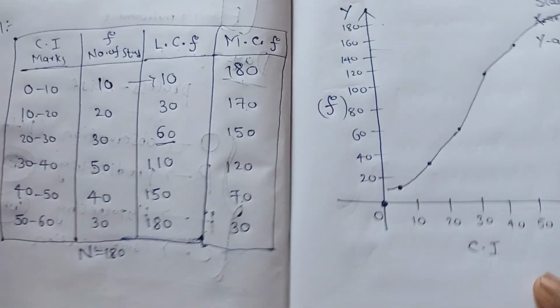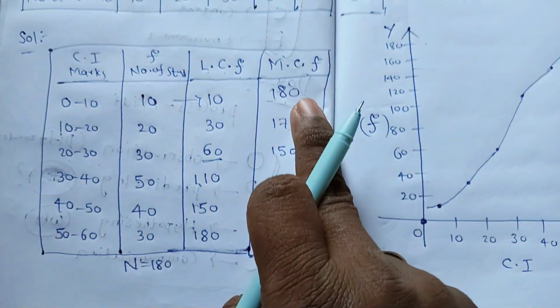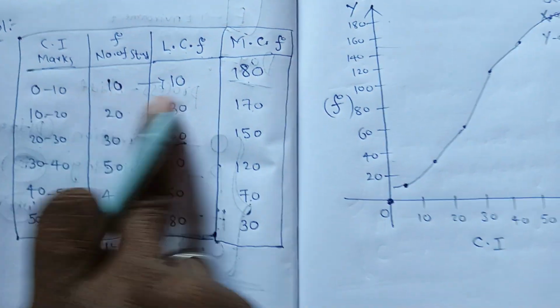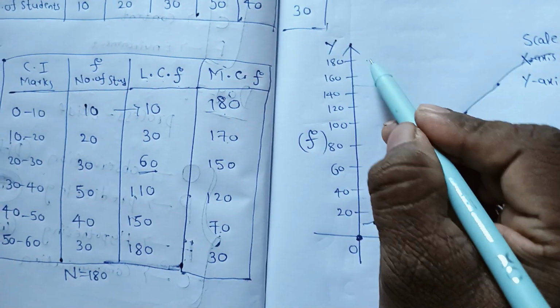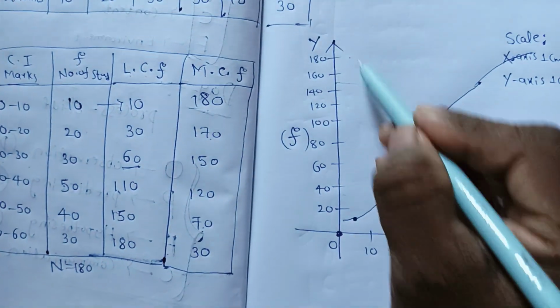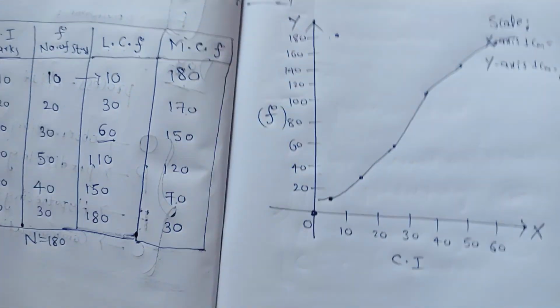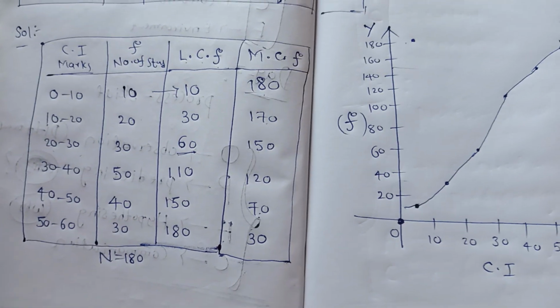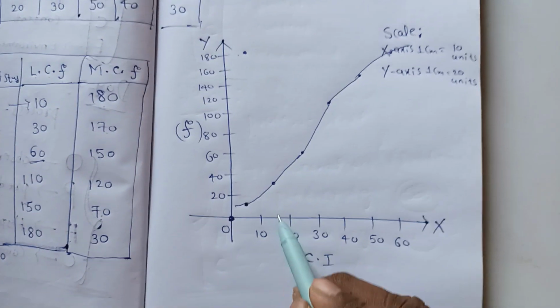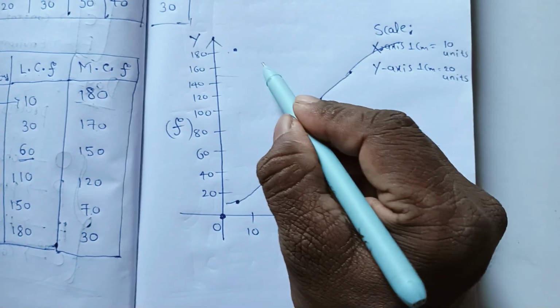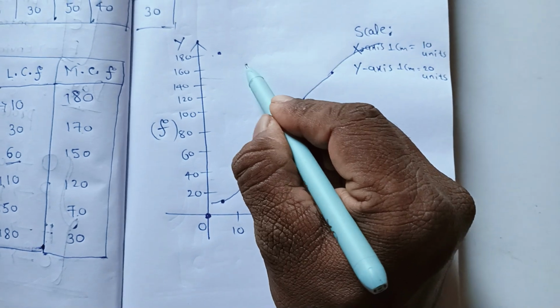Next, plot the points of more than cumulative frequency. For the class interval 0 to 10, that is 180, and the 180 value is over here. Next, 10 to 20, you have the value 170, so that is over here.